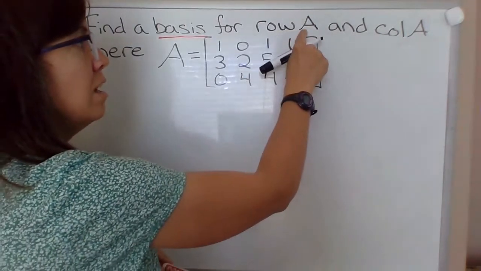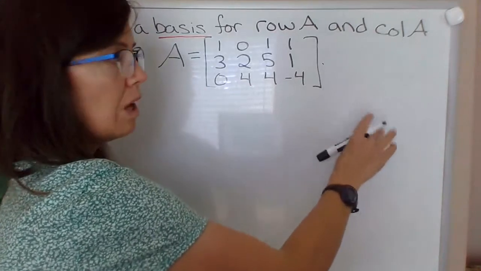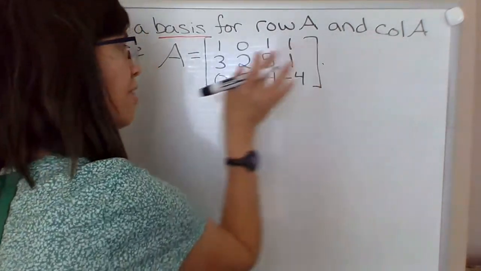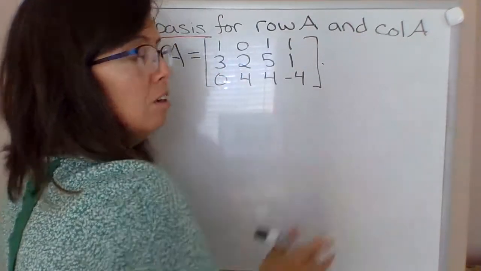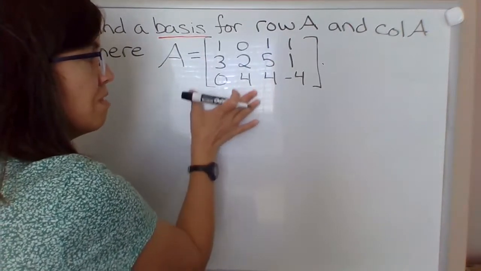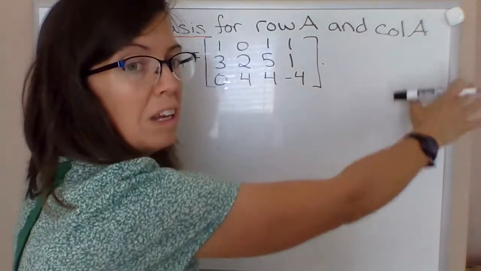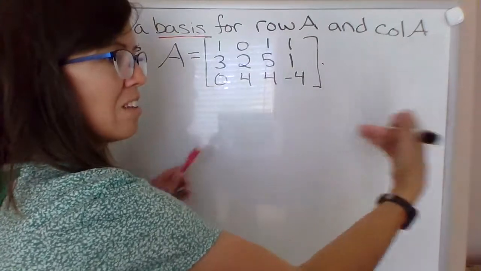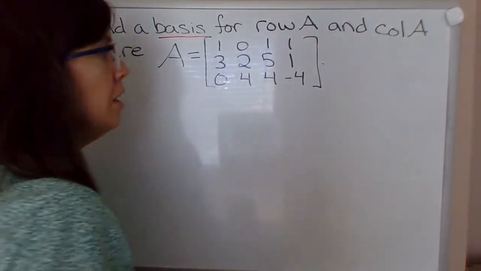So that's saying if I take a matrix A and do whatever elementary row operations I want, and turn it into a new matrix, let's say B, then the row space of the original matrix A is equal to the row space of B. So if I find a basis for the row space of this new matrix, since row space of A equals row space of B, it would be a basis for either one.